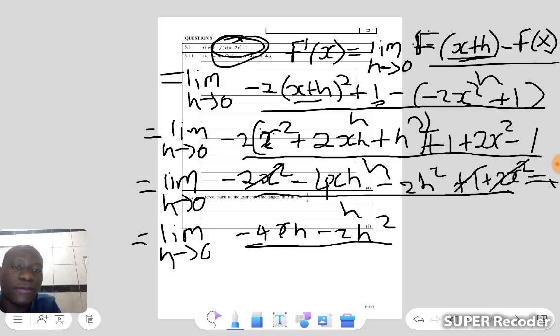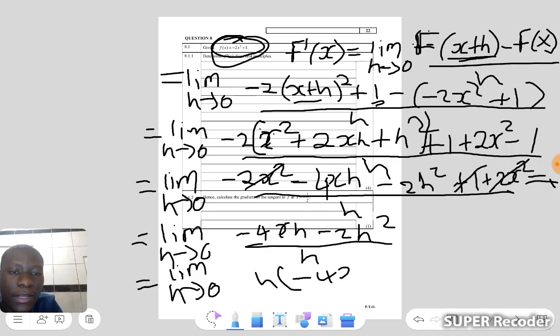That's all that we have on the numerator. What is our next step? We take a common factor on the numerator: h times negative 4x minus 2h, all over h.